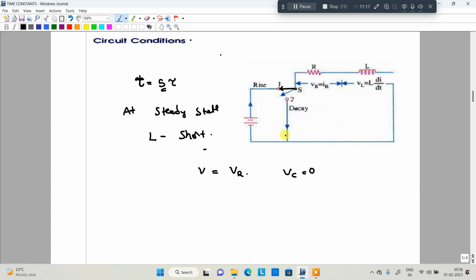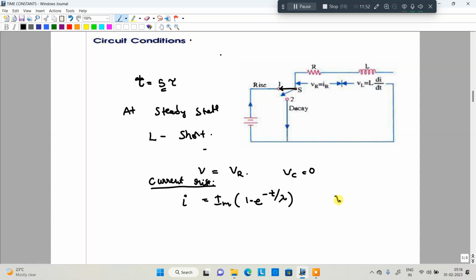Clear? So finally, in the case of the RL circuit, I will provide a formula directly to you. Whenever the current rises, that means charging, everyone note down this formula, the current raise formula: I is equal to Im into 1 minus e to the power of minus t by lambda.